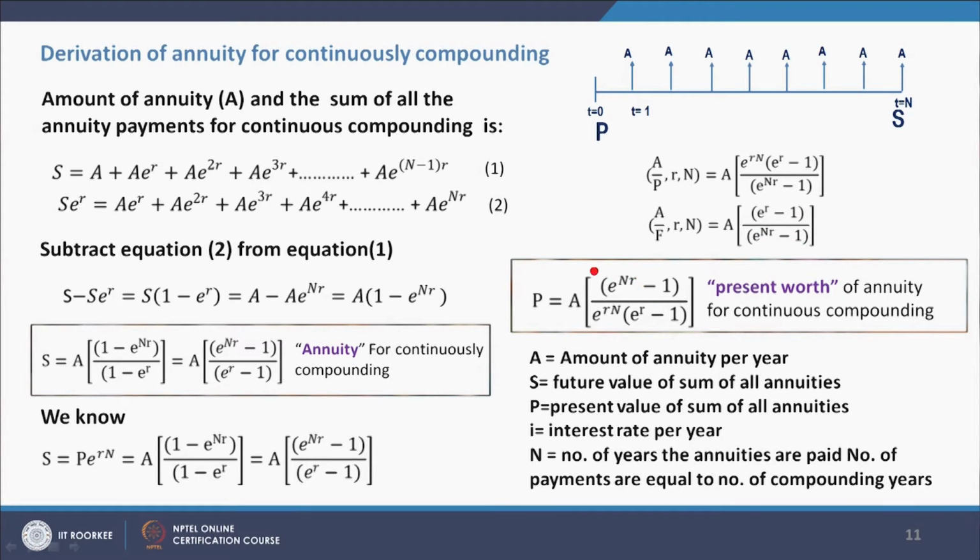Now, the present worth is given by this formula: P = A(e^(nr) − 1)/[e^(nr)(e^r − 1)]. This has been derived from here, where S has been put as P e^(rn), and the value of A is taken from here.